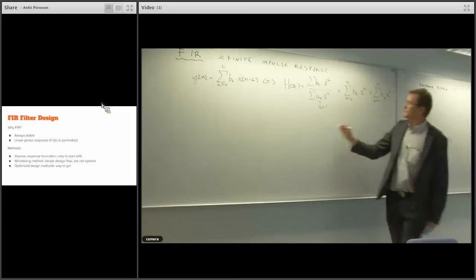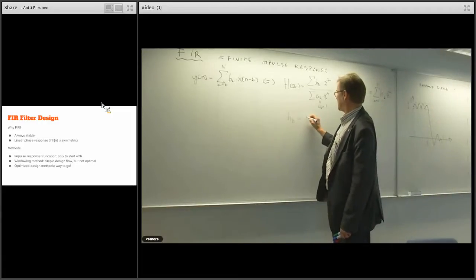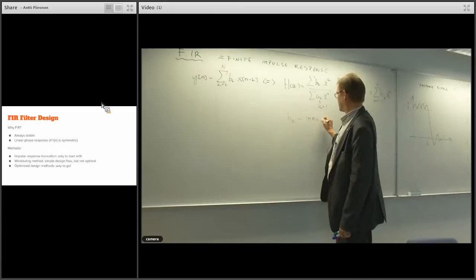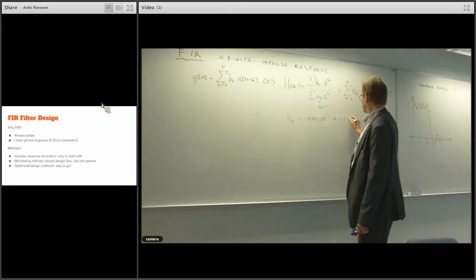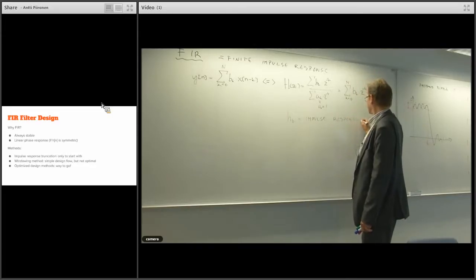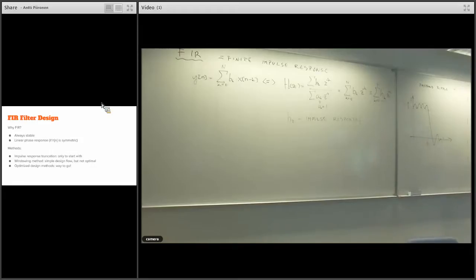So h_k is actually the impulse response. Fundamentally, we can just define this impulse response or measure the impulse response, then we can determine the system.